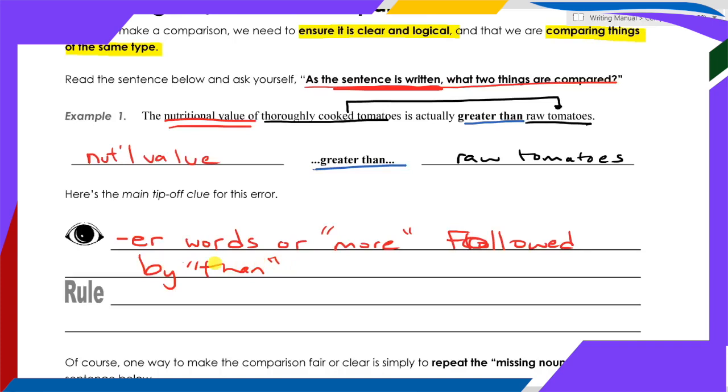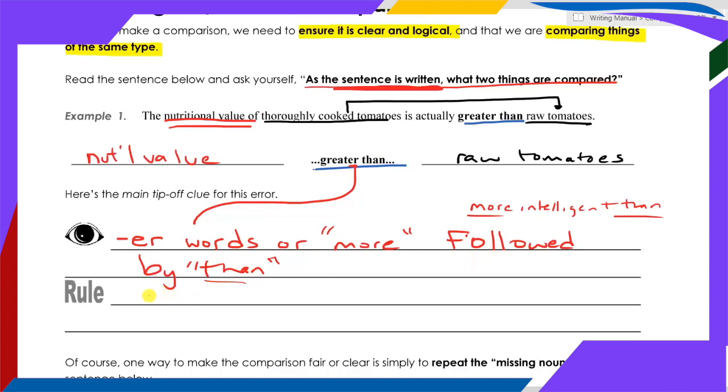Anytime you see an "er" word, like greater, followed by than, or more followed by than, like more intelligent than, that is your tip-off clue that comparisons may be being tested, that you might have a comparison error in the sentence.